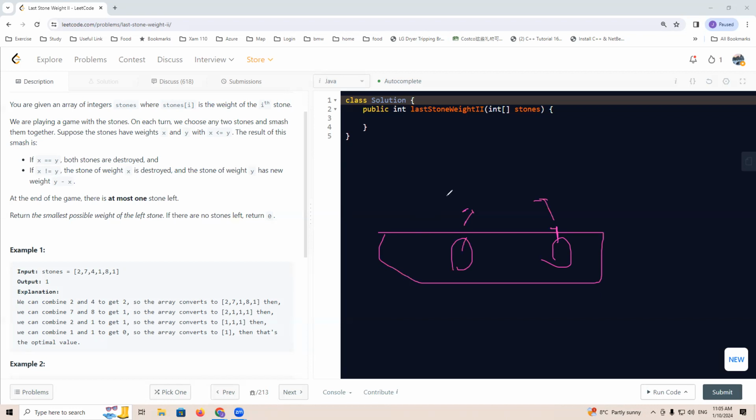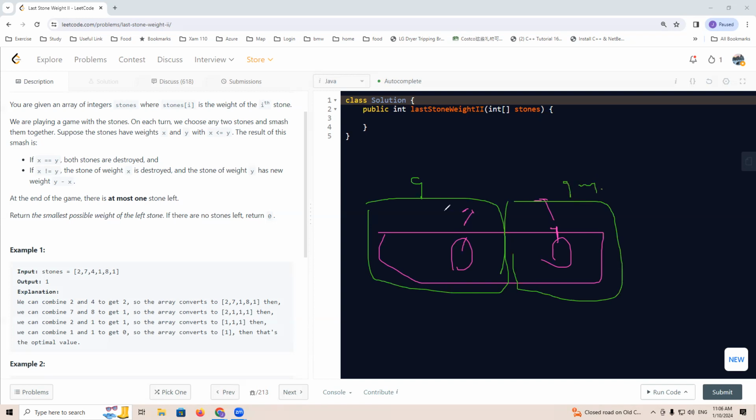So we can give each stone a direction. For some of the stones, we set them as group 1, and the other half of the stones we set as group 2.